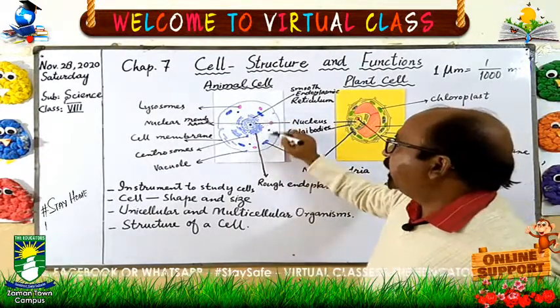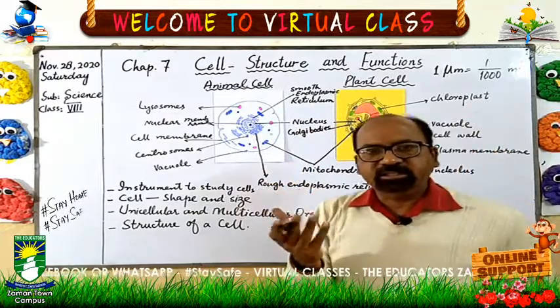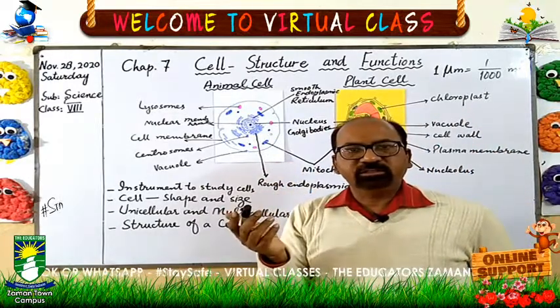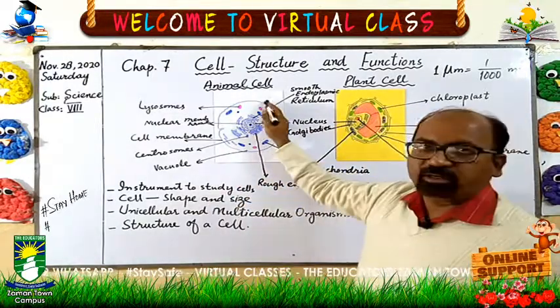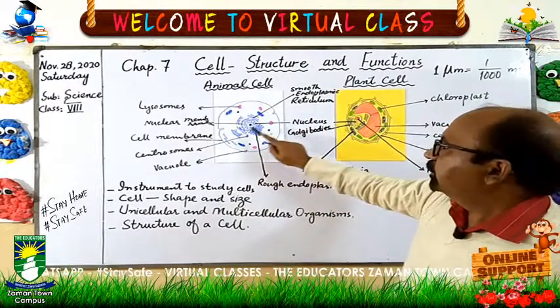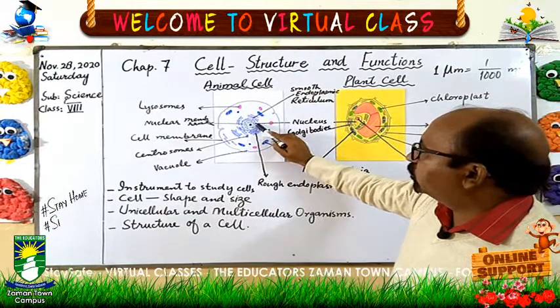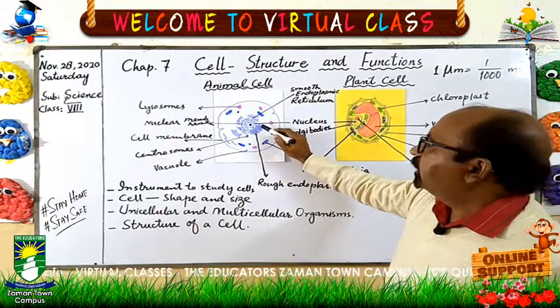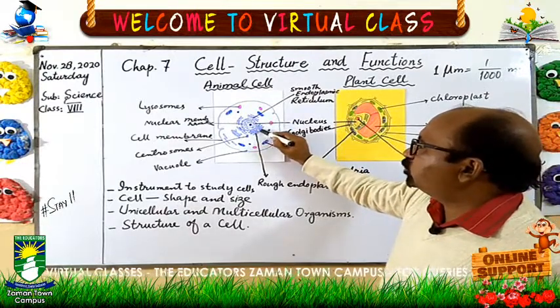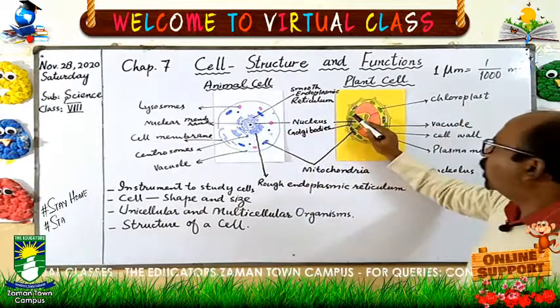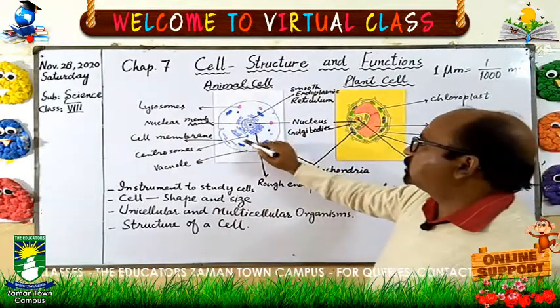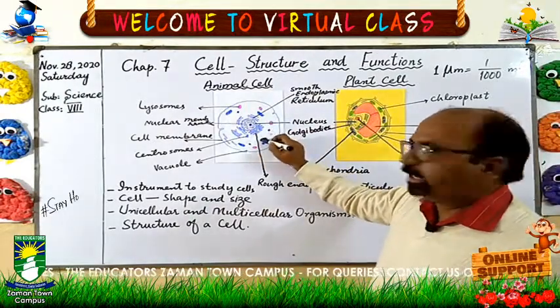The cytoplasm is a jelly-like substance which has a lot of other organelles. These are Golgi bodies, and with these the ribosomes are attached. These smaller dots are showing the ribosomes.